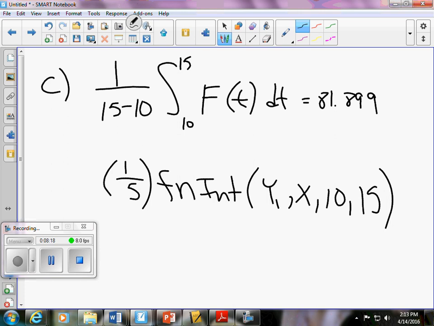Cars per minute. That's the easiest way to remember. The other way would be if you got the units for the definite integral, that would just be cars, because it's cars per minute times minutes. But then you're multiplying it by 1 over minutes, so you're going to wind up with cars per minute.